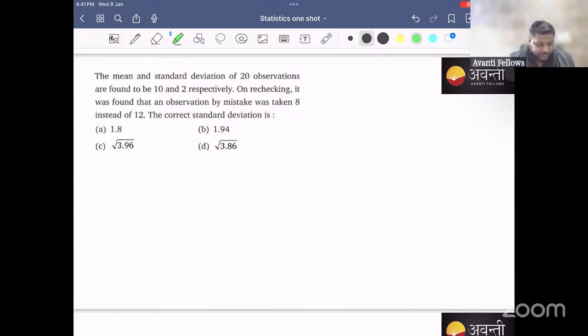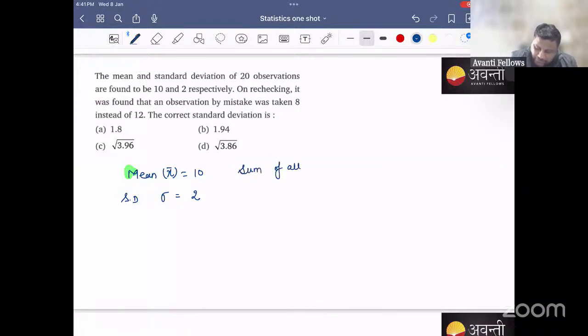Briefly, I did this question also in the previous class. The mean and standard deviation of 20 observations are found to be 10 and 2 respectively. Let me do it. Mean, X bar, is 10 and standard deviation sigma is 2.